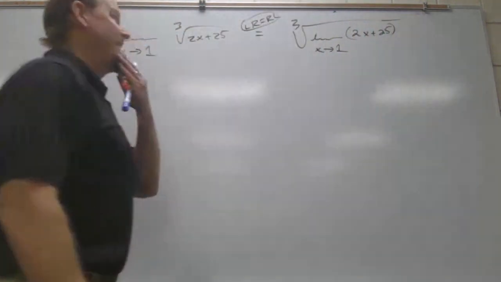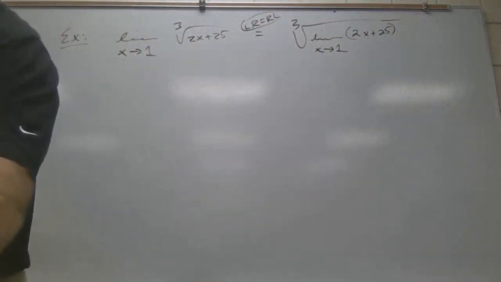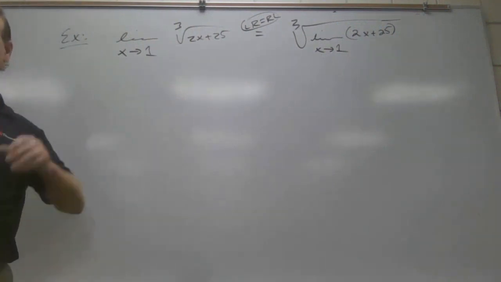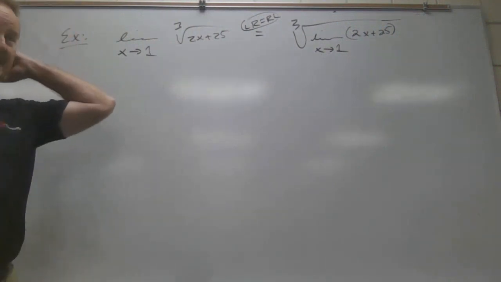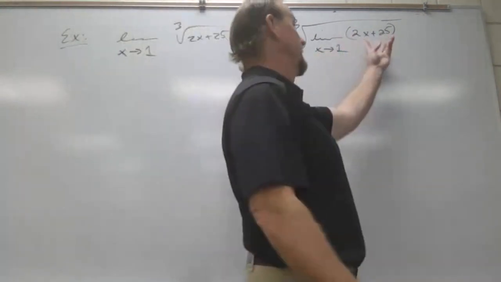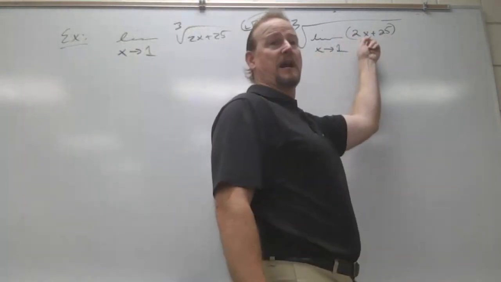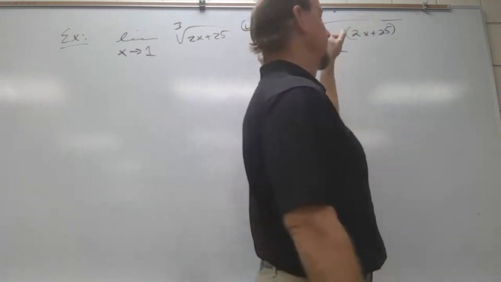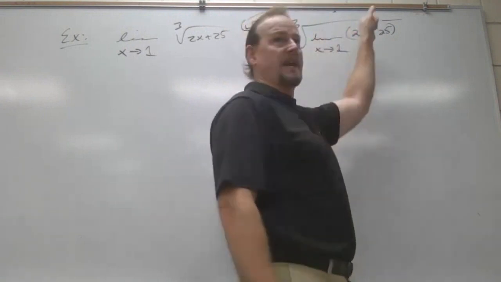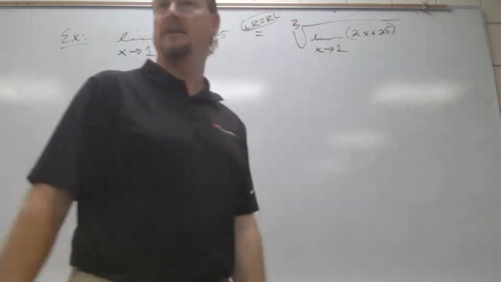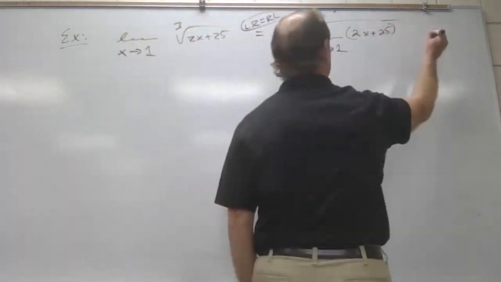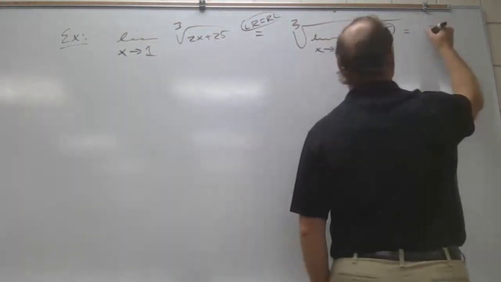Now, I know what we said before. We proved the limit of a line you could just plug in, right? That's because the limit of the sum is the sum of the limits and the limit of the product is the product of the limits. But we also proved that the limit as x approaches a of mx plus b is ma plus b, didn't we? So what's this equal?